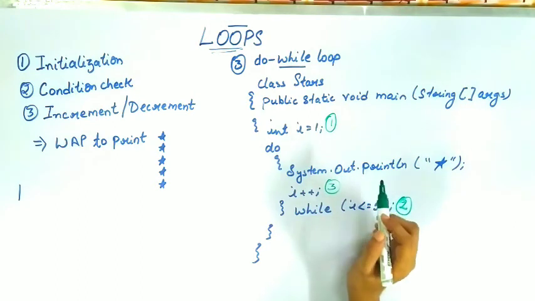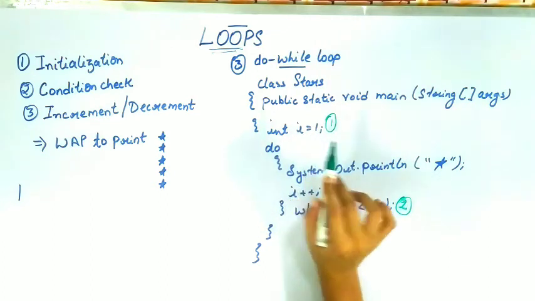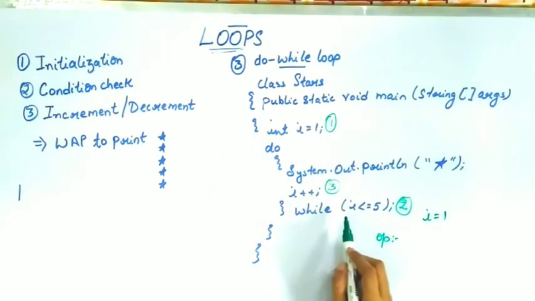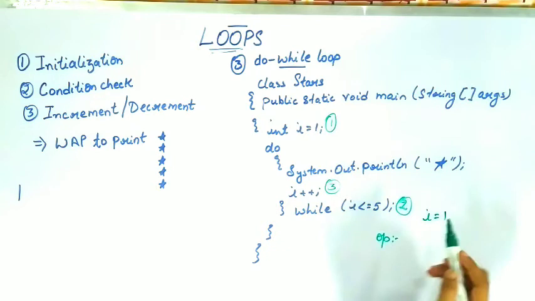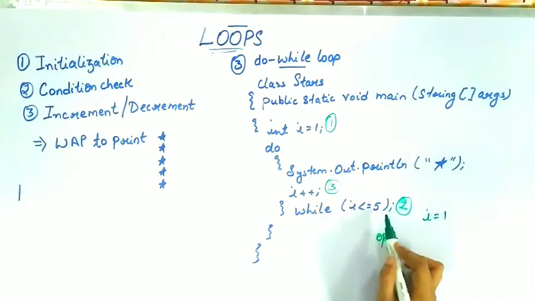Here, the value of I is initialized as 1. After initialization, the compiler will come to this while statement and check for the condition, that is whether 1 is less than or equal to 5.